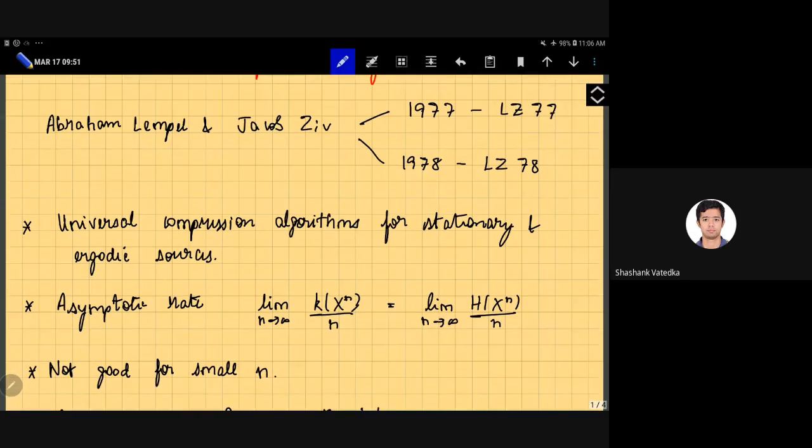But of course, there's a slight trade-off over here. It's good asymptotically, but for small block sizes, for small n, this is not optimal. So if n is very small, then you should not be using something like the Lempel-Ziv algorithms. You should be using something like Huffman codes or the Shannon-Fano code or arithmetic codes.